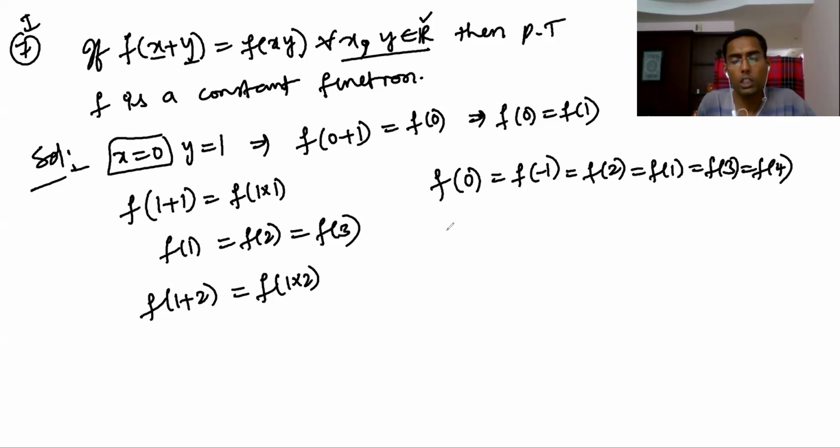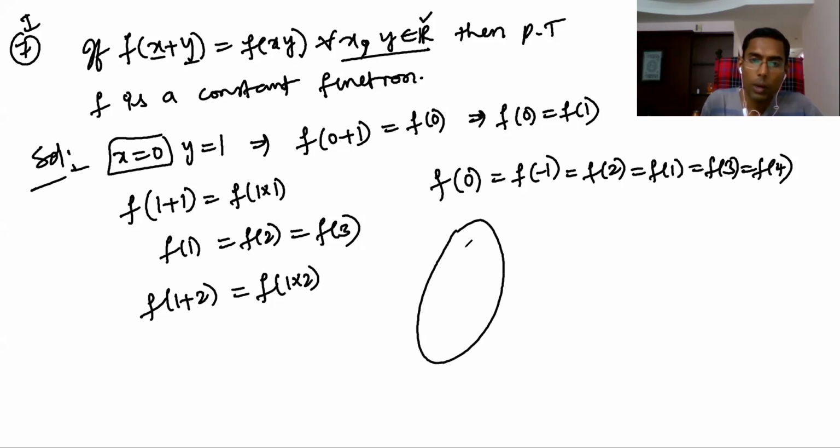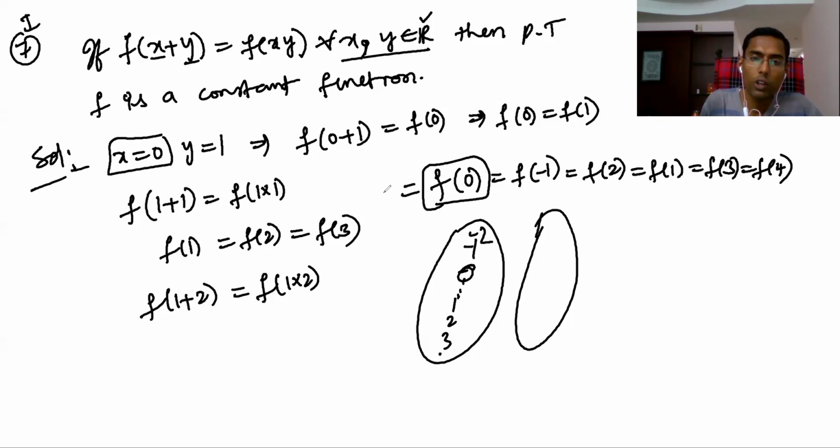What does it mean? Everything is equal only. If you keep minus 1, minus 2, 0, 1, 2, and in between so many numbers, 3, everything will have same image only. What is that image? Let us say f of 0 is some constant k.